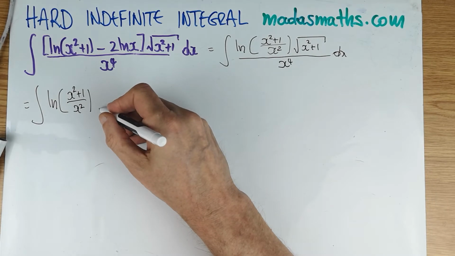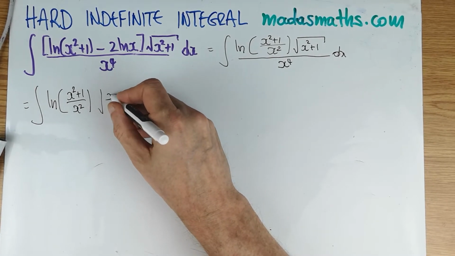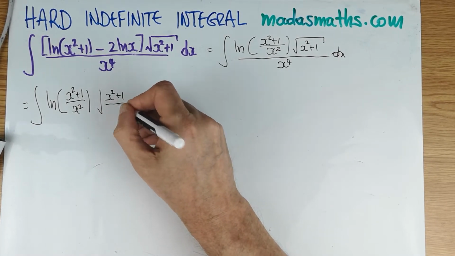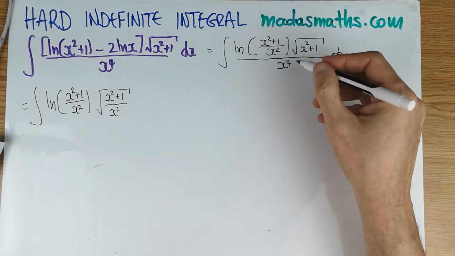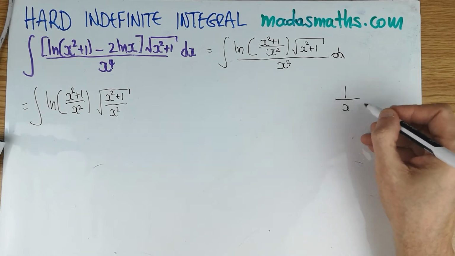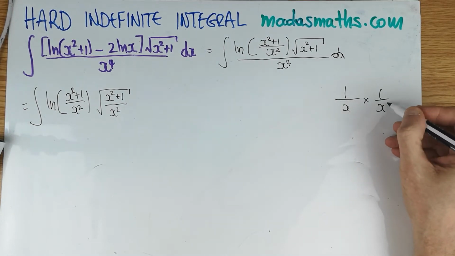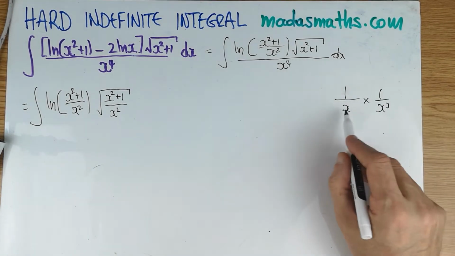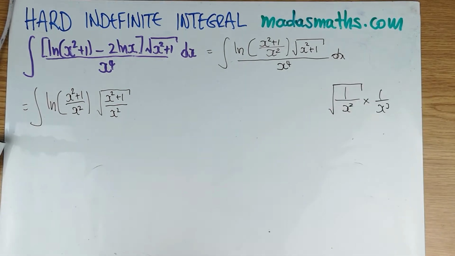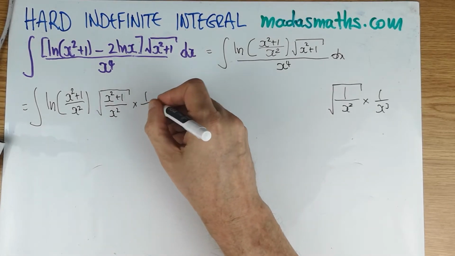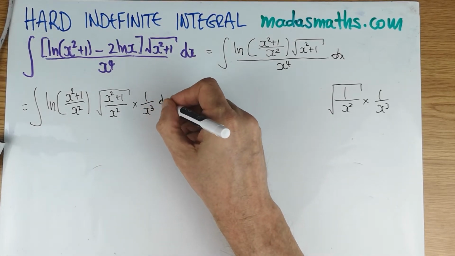So I can put the x squared plus 1 with an x squared. Where did that x squared come from? I borrowed it from the 1 over x to the 4, and of course if I square it, I can write it like this. And I still have the 1 over x cubed dx.